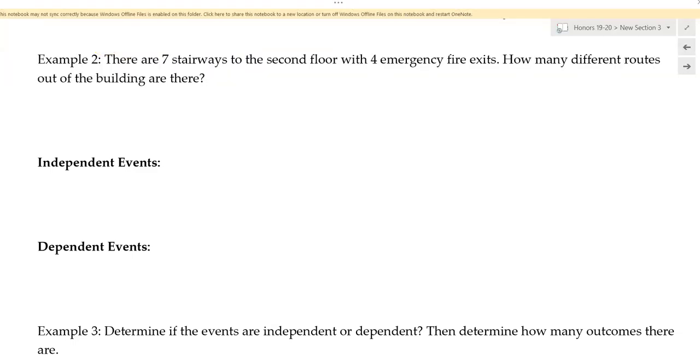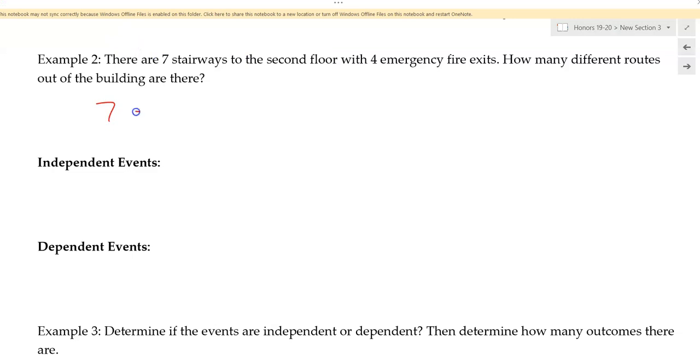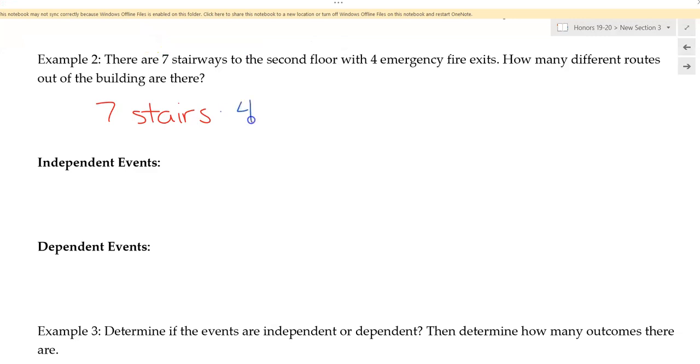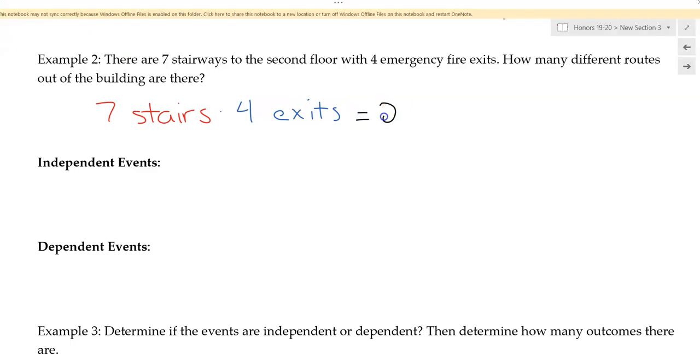How many different routes out of the building are there? So in this one, same type of thing, we have 7 stairs times 4 exits. So between those two, 7 times 4 is 28. We have 28 routes.